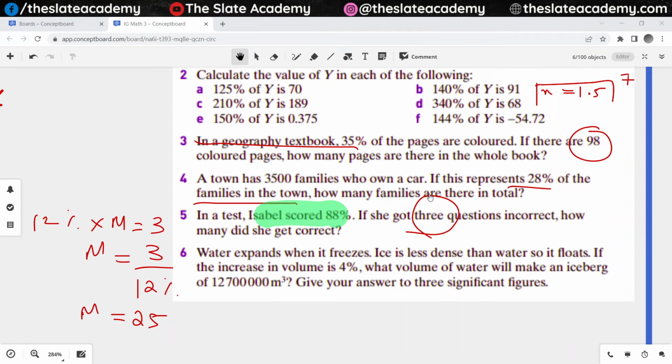Total marks are 25. 3 she got wrong, so the correct ones are 22. Yes, Anam, do you understand? Quickly give me the answer for the question. Yours was correct. Excellent. Good job. Question 6 also, Sir Arman.